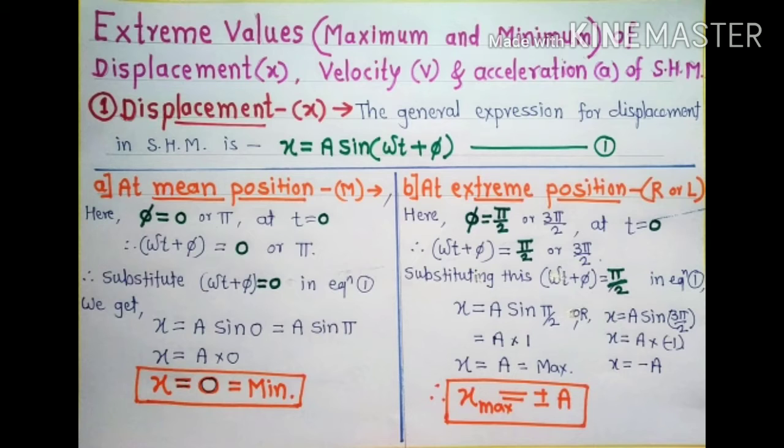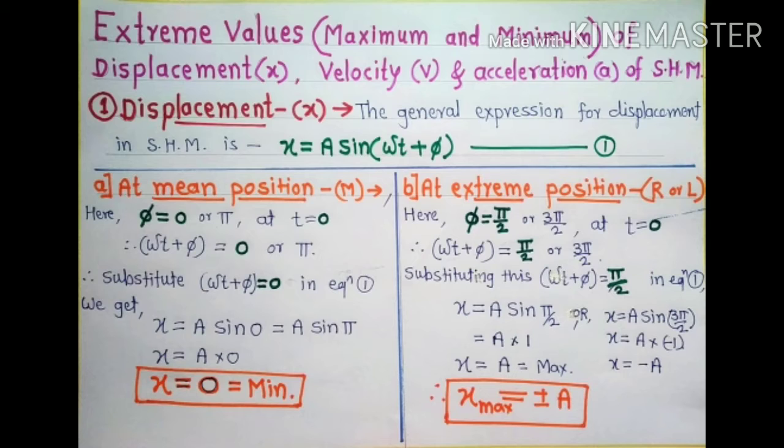Then b, at extreme position, left extreme position L or right extreme position R. At extreme position we have studied that at time t is equal to 0, phi is equal to pi by 2 or 3 pi by 2.